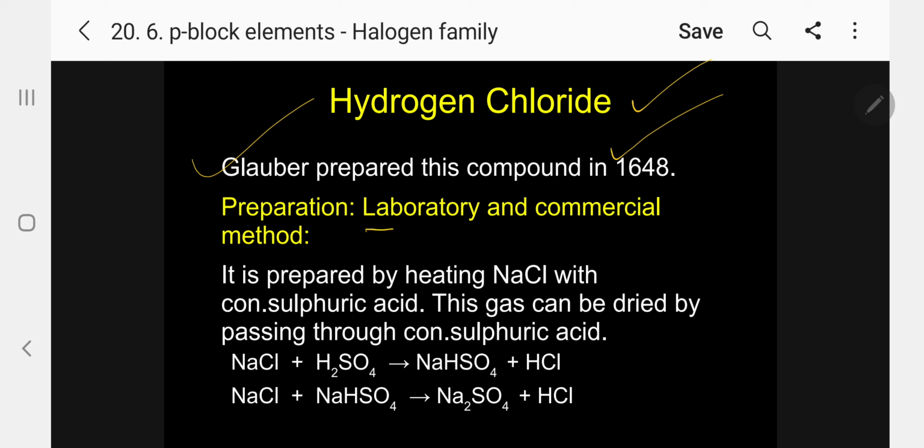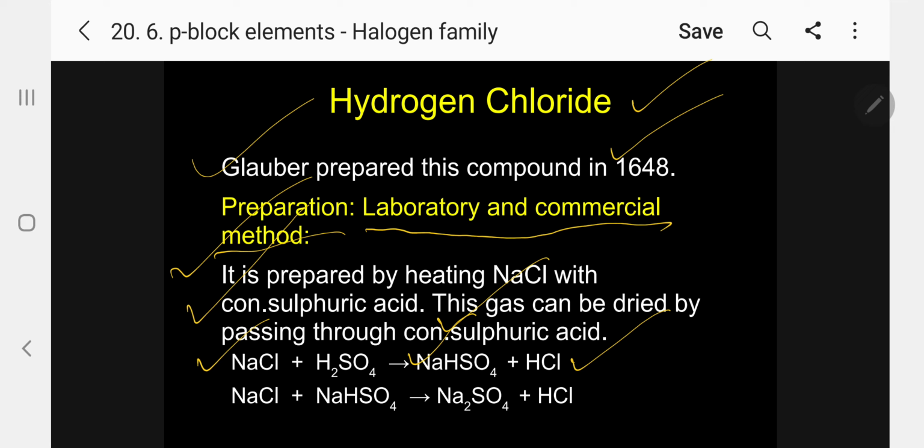Preparation, laboratory as well as commercial method. It is prepared by heating sodium chloride with concentrated sulfuric acid. This gas can be dried by passing through concentrated sulfuric acid. So 1 mole of sodium chloride plus 1 mole of sulfuric acid, if you add, in the first step sodium bisulfate and HCl is formed.